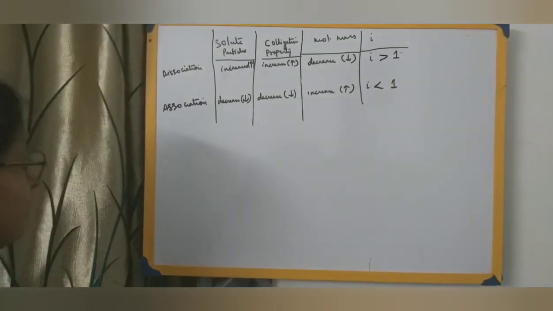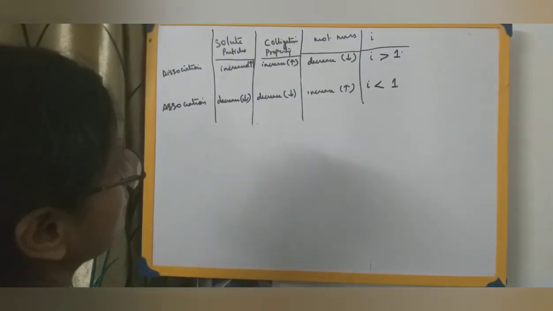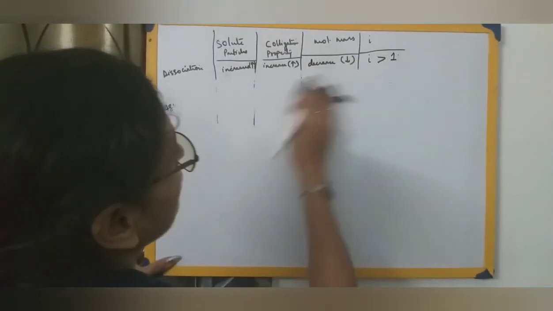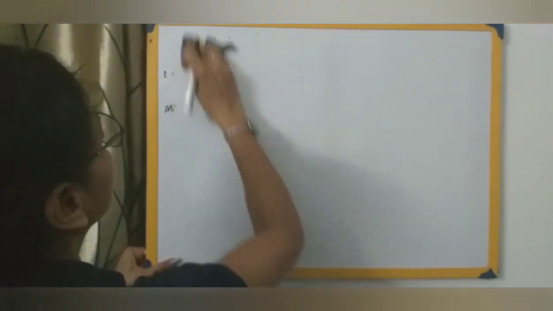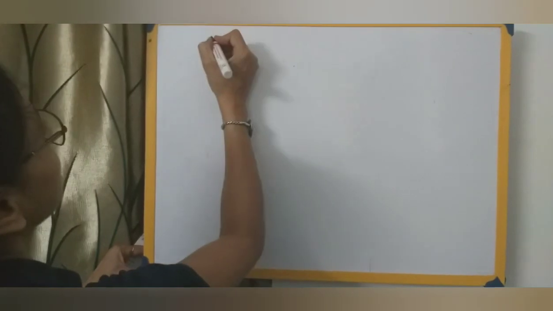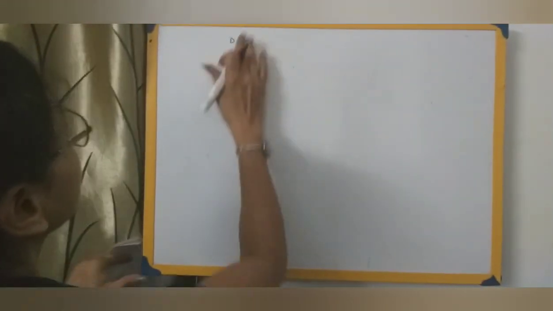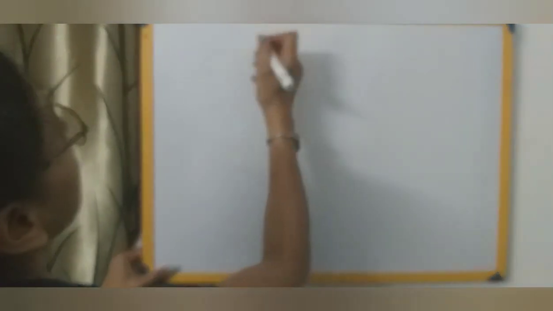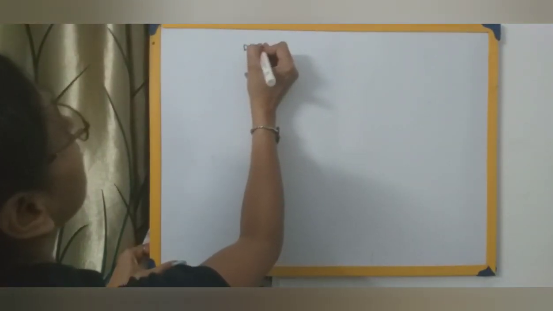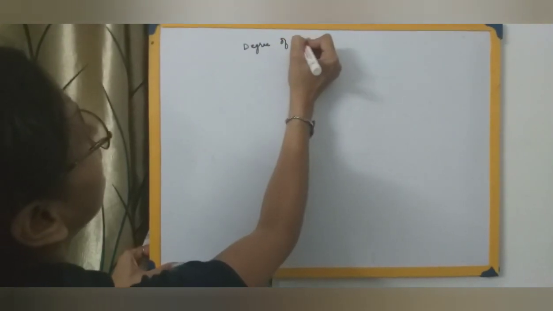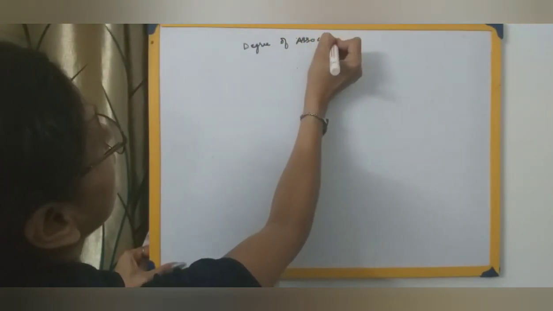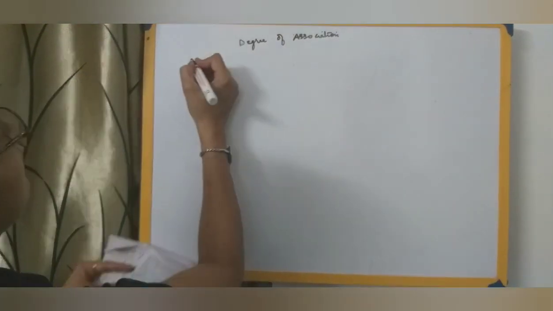Now let us calculate the degree of association and degree of dissociation. I'll just rub it off because I'll be needing the full board. So, calculation of degree of association. First of all, let us represent the degree of association by alpha. Now what is degree of association?